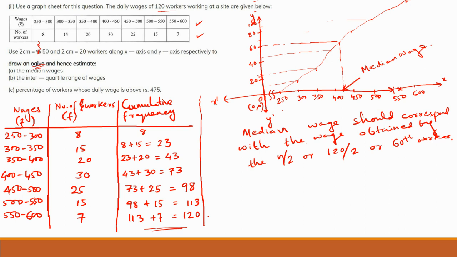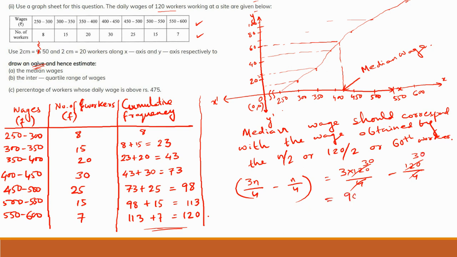The interquartile range of wages. Interquartile range means how much a 75th percentile guy is getting minus how much a 25th percentile guy is getting. So basically the 3n by 4th guy minus the n by 4th guy, which is 3 times 120 by 4 minus 120 divided by 4. So this is 90 and this is 30.